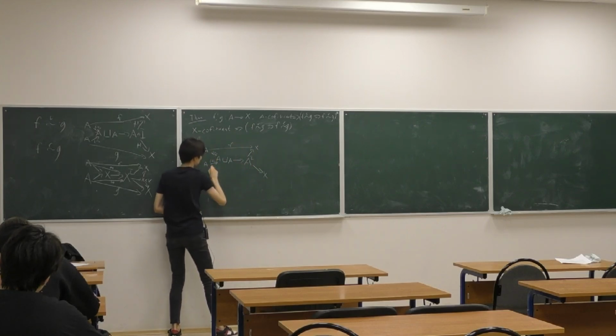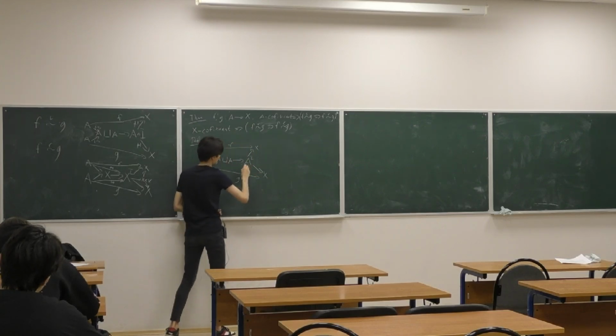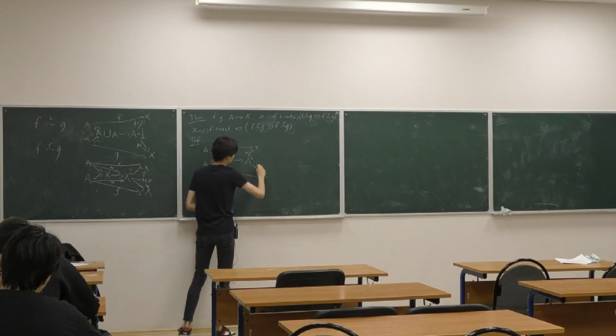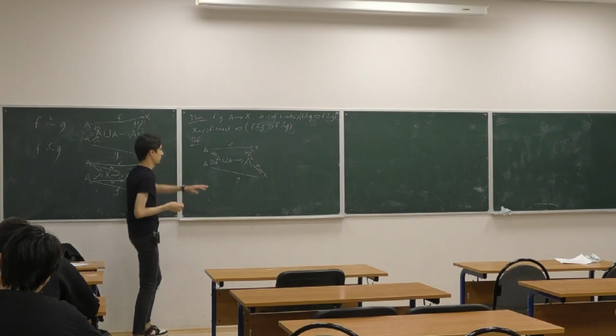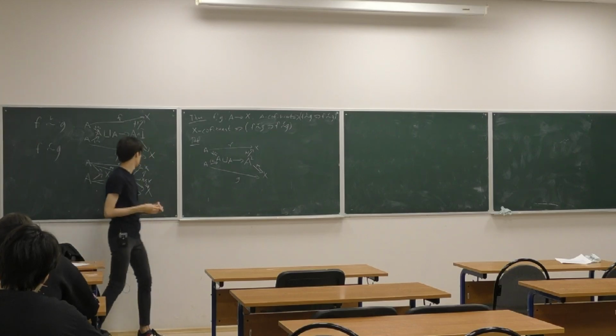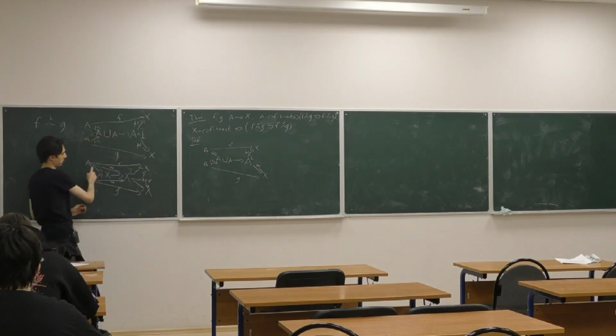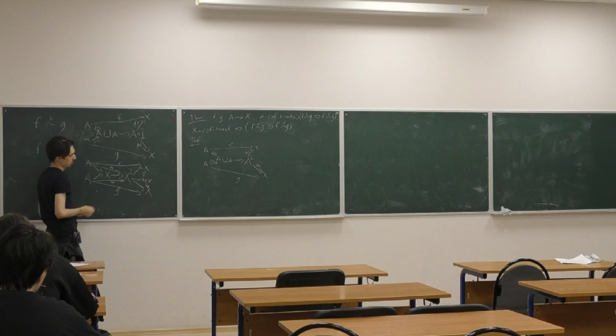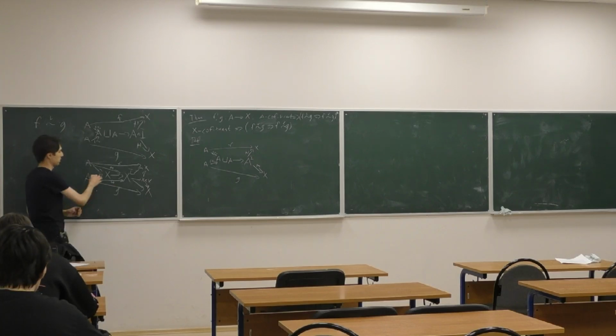This thing is F, this thing is G, and this is a homotopy. Okay, we have this diagram. Now let's try to find this map H, H prime, let's say, that will give us the right homotopy between these two maps.